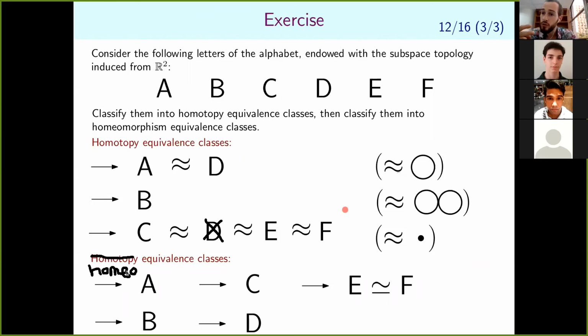The only 2 spaces between A, B, C, D, E, F that are homomorphic are the letter E and F. Because take the letter E and move the first branch here, you obtain a F. You can define a simple homomorphism between E and F, but it cannot be done with the other letters.